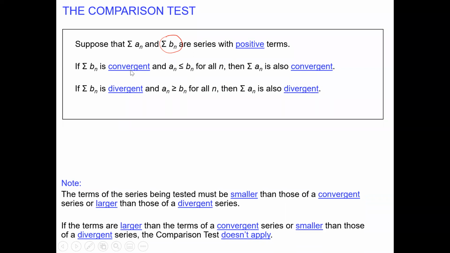If b sub n is convergent, and our formula is not known, and it's smaller than this one for all of the n, then we may conclude that it is convergent because the summation is smaller than a finite number.